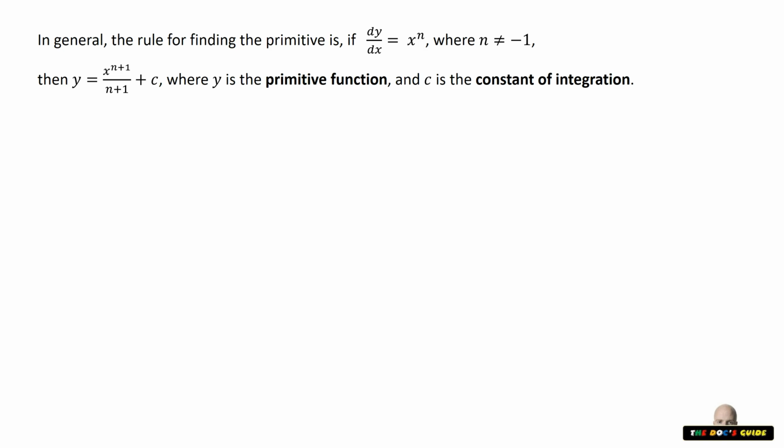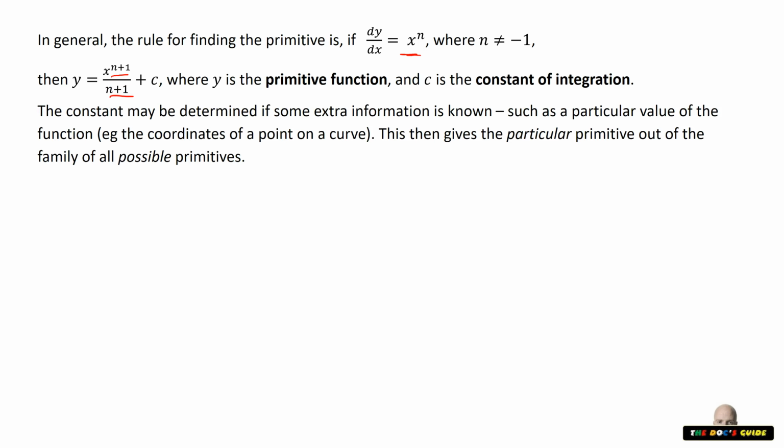So you will recognise that, despite them trying to disguise it, this just means undifferentiate. Whatever we differentiated to give us x to the n must have been one power higher, and we must have ended up multiplying by that n plus 1. So now we have to divide by it so that we're back where we started.